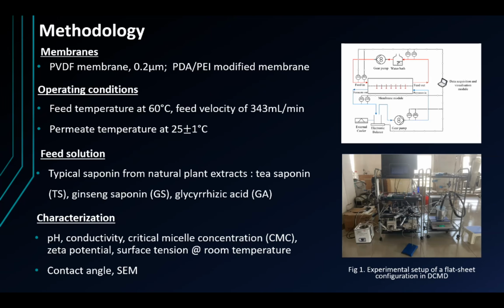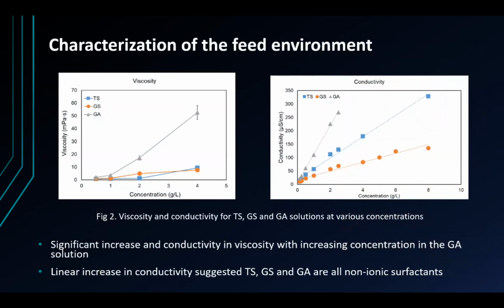We selected 3 typical saponins abundant in herbal plants and TCM. They are T-saponin, ginseng saponin, and glycyrrhizic acid. We noticed that the GA solution was very viscous at higher concentration.